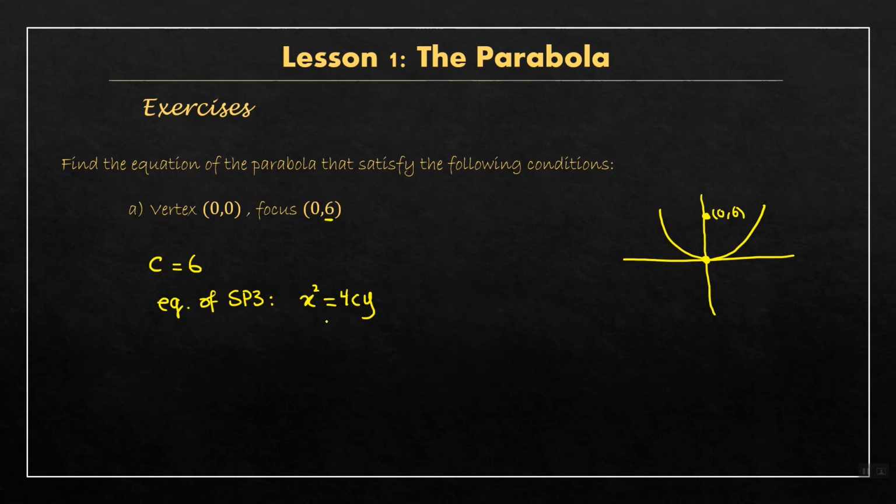So the positive y-axis is multiplied by 4c, and here we have the other letter squared. So c is 6. Just substitute 6 in the place of c. So x squared equals 4 times 6 times y. So x squared equals 24y. This is now the equation of the parabola. I think this cannot be easier than that.